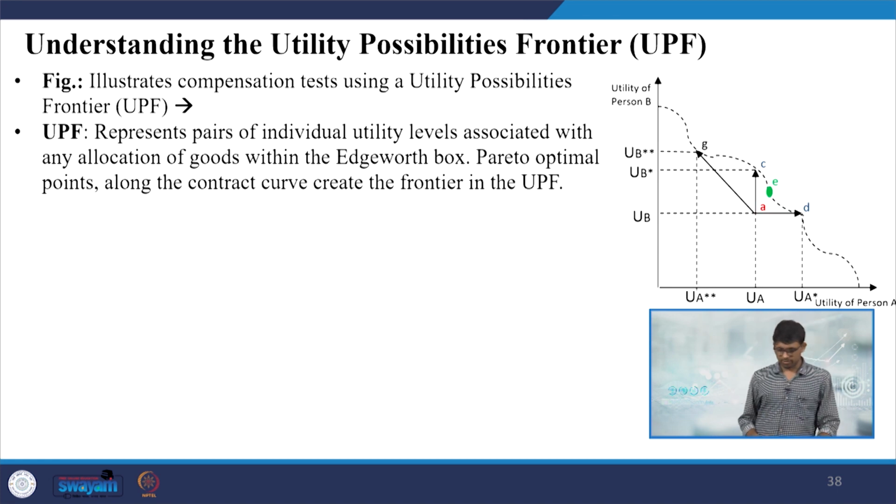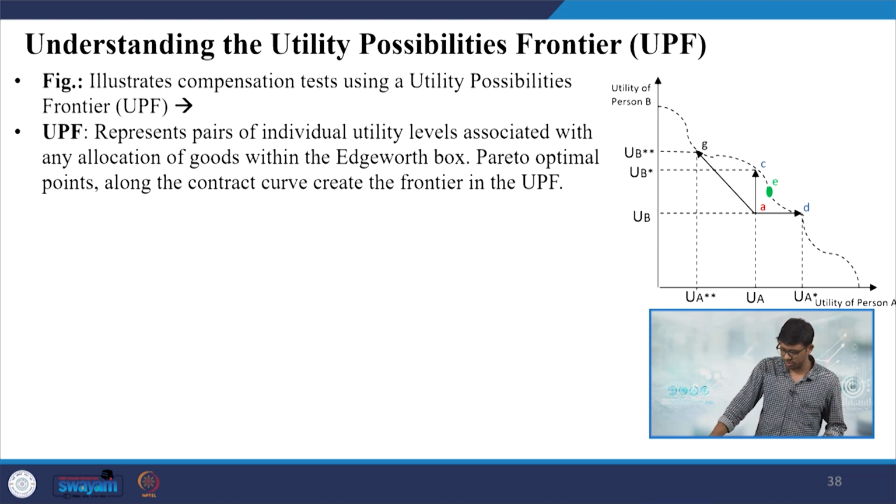So, in this diagram, the Kaldorian or compensation principle is revisited, and this illustrates the compensation test using a utility possibility frontier, that is UPF. This represents a pair of individual utility levels associated with any allocation of goods within the Edgeworth box diagram.